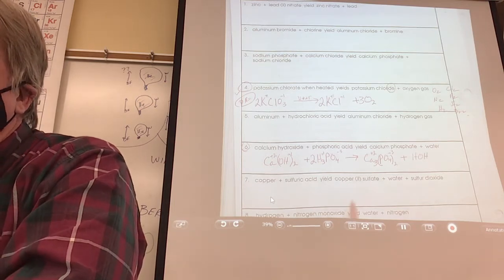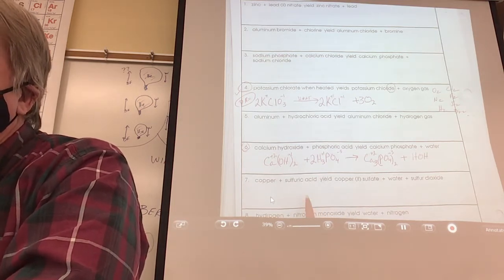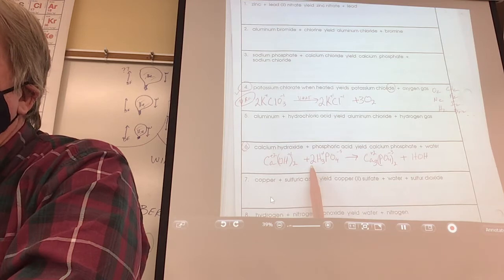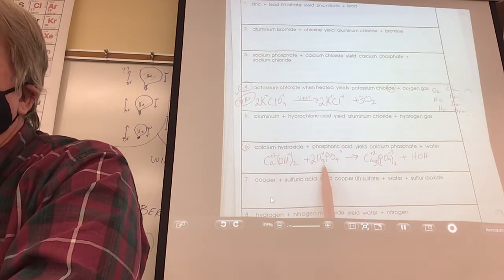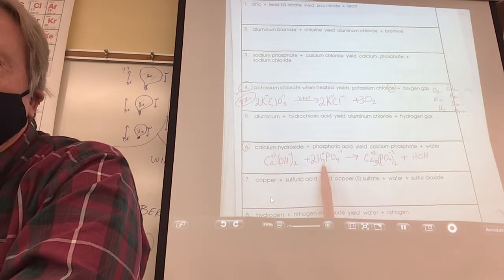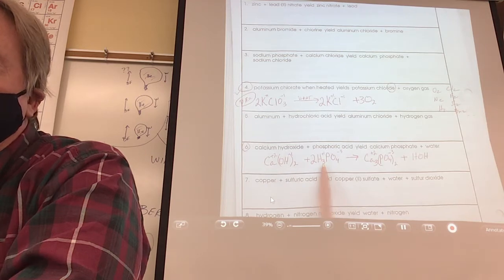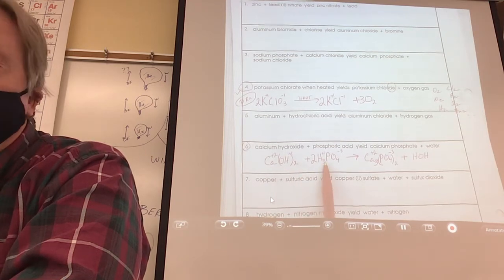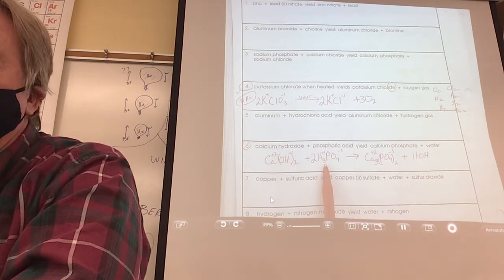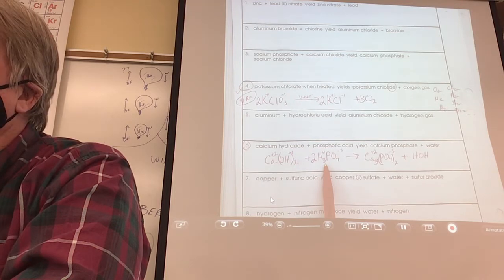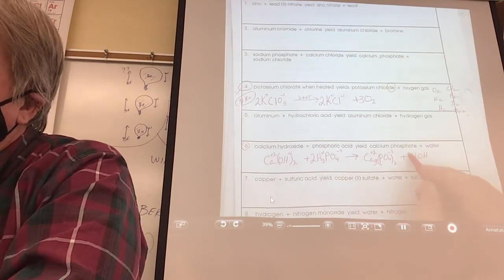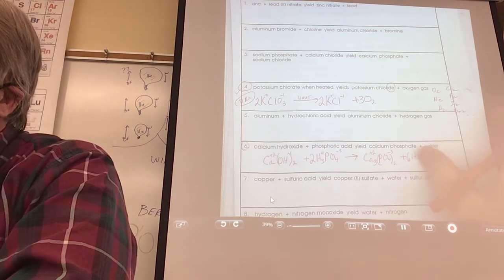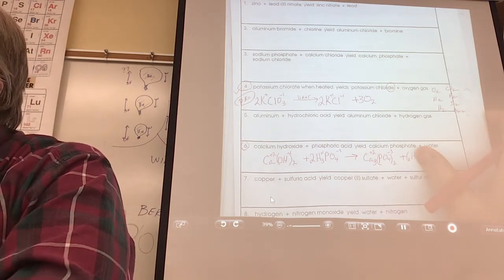All right, now I noticed how many hydrogens are not in hydroxide. I know I'll have to deal with those, but how many hydrogens do I have that are not in hydroxide? 6. There they are. There's the 6 hydrogens that are not in hydroxide.